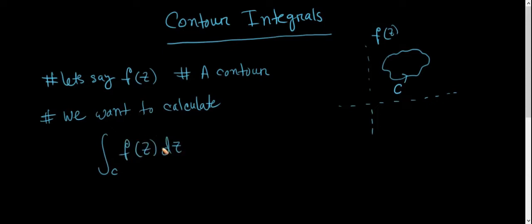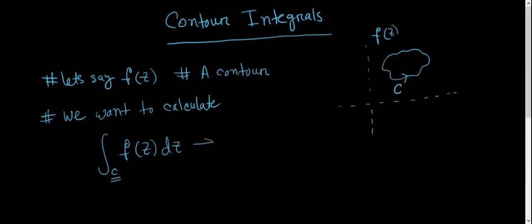So you are taking the function and you want to integrate it, but you can see that there is this C over here. This means the contour that we are choosing in the complex plane.